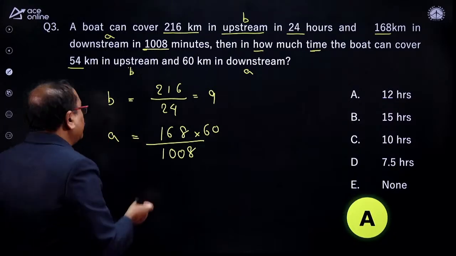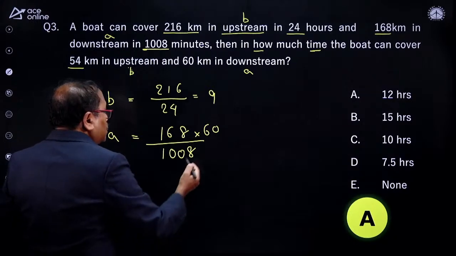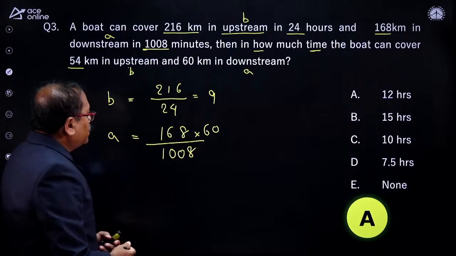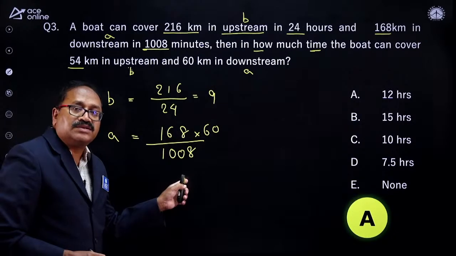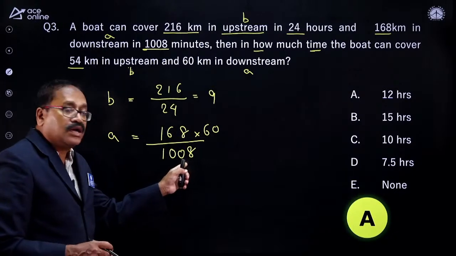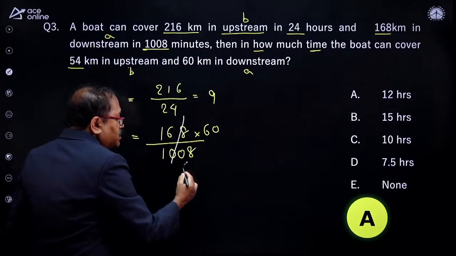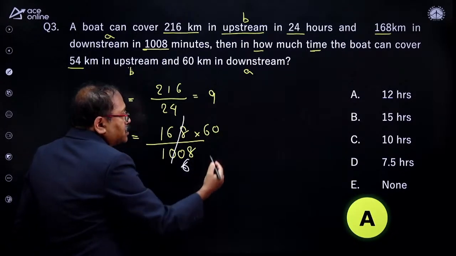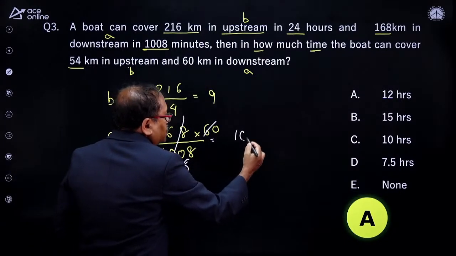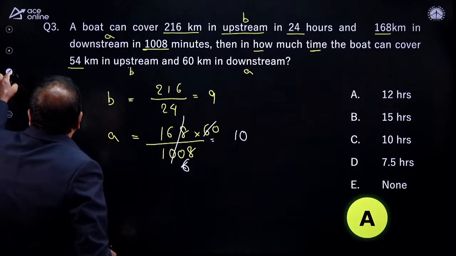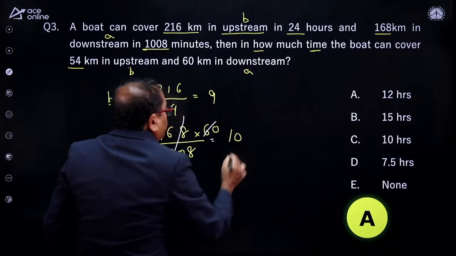Now from here I will start cancelling the number. So how many times this number gets cancelled? 16 6 is 96. So ये 6 से cancel हो रहा है, देखिए 6 8 is 48, carry 4. 16 6 is 96 plus 4. So this is getting cancelled 6 times. And 6 into 60, ये cancel हो रहा है 10 times. So the downstream speed is 10.